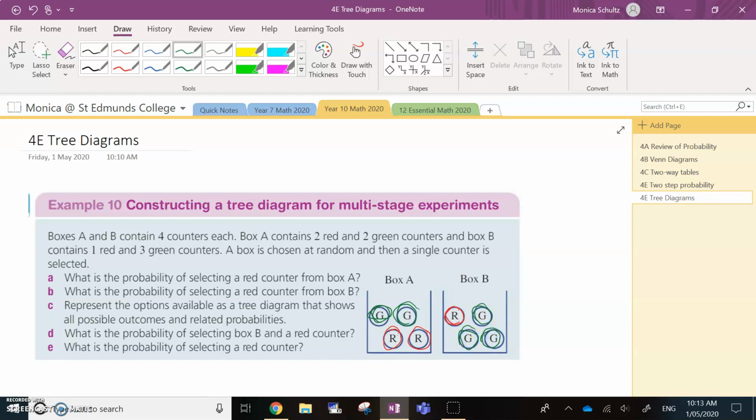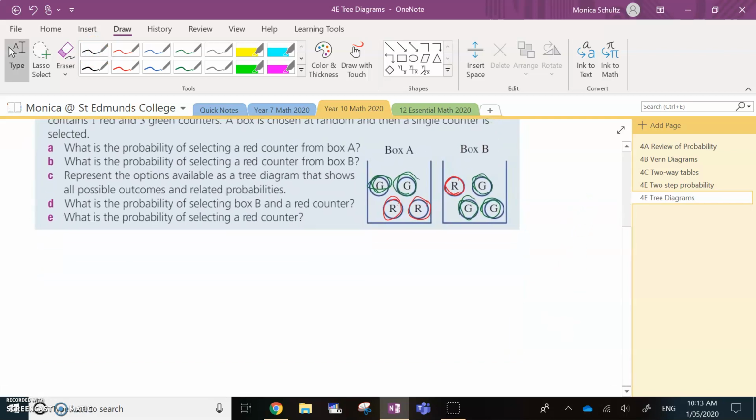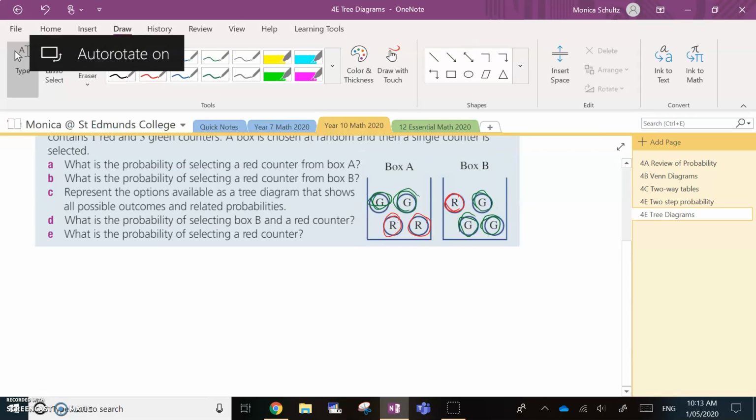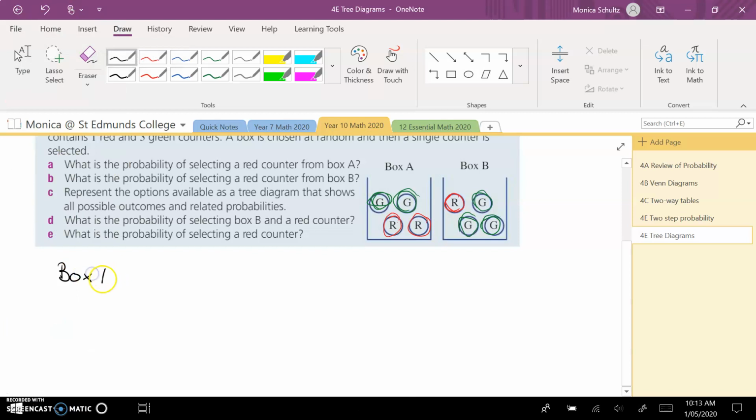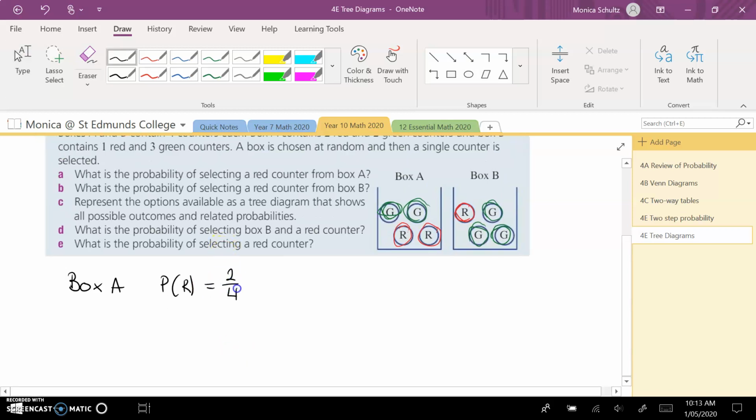So the first question is, what is the probability of selecting a red counter from box A? We can see that there should be a different probability for selecting counters from box A and box B because they have different amounts of counters in each box. So for box A, the probability of a red counter is 2 reds over a total of 4.